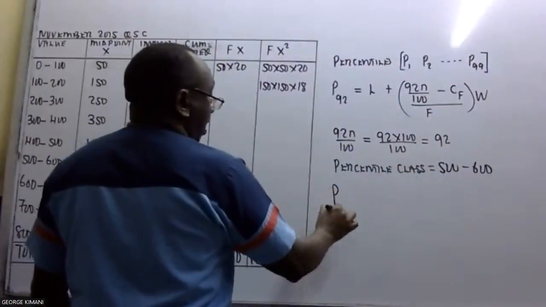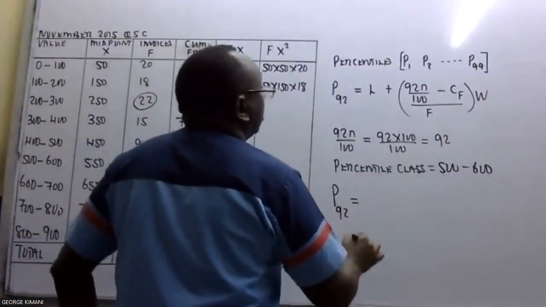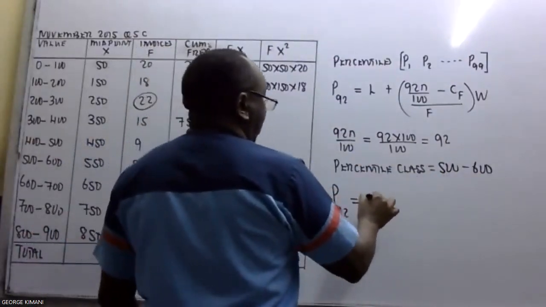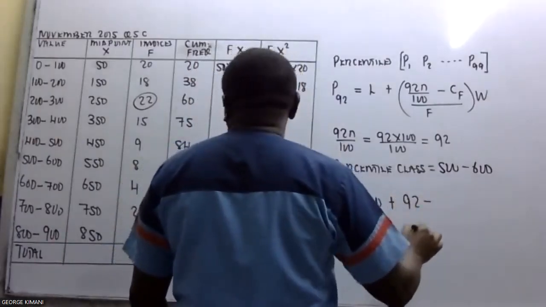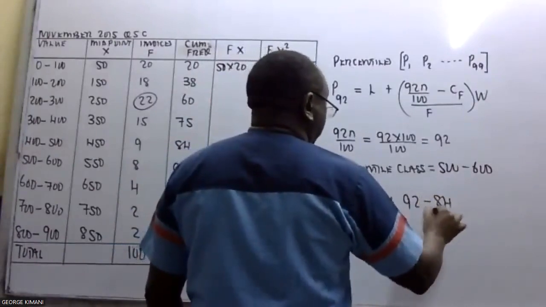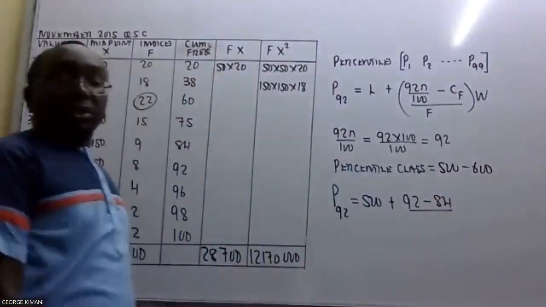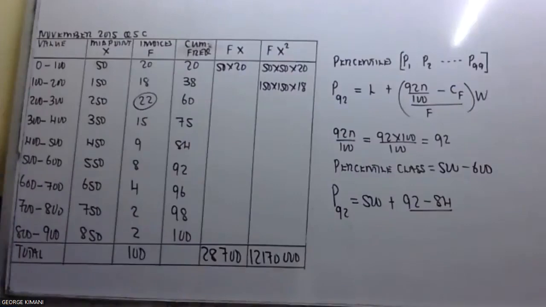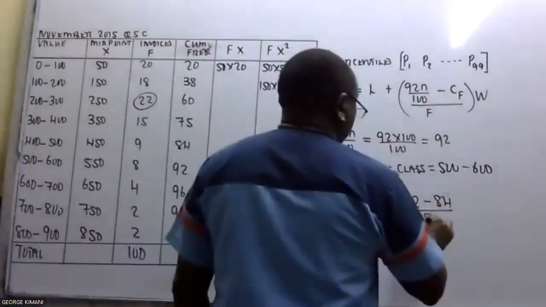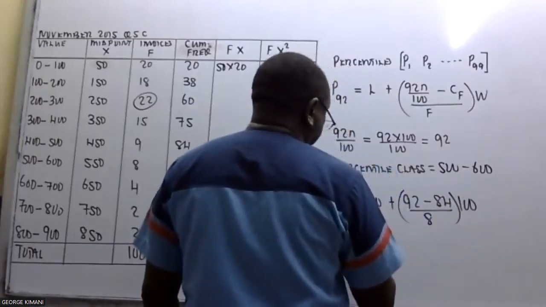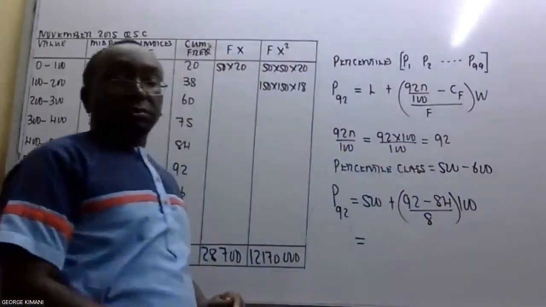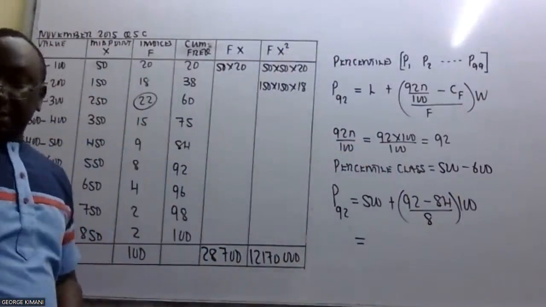And therefore, my percentile 92 will be 500 plus 92 minus the frequency above, which is 84. We divide that by the frequency of that class, which is 8. You multiply by 100. Give me that answer.